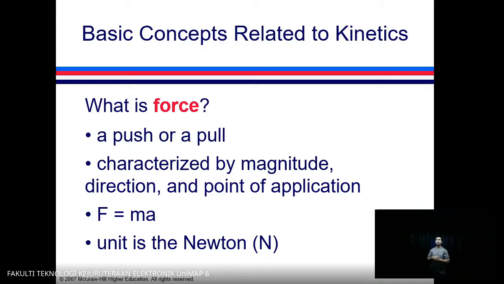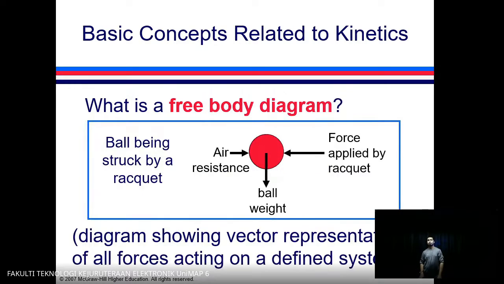M is the mass. A is the gravitational acceleration. A itu pecutan graviti ya. The unit for force is Newton. Sama dengan weight ya. Weight pun Newton, force pun Newton. Both have the same unit of Newton.